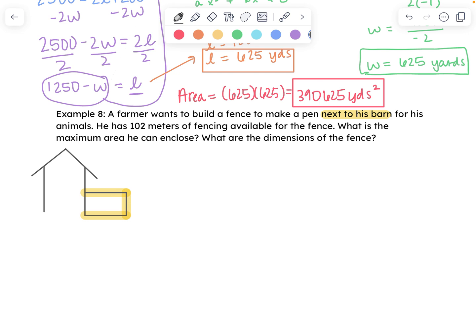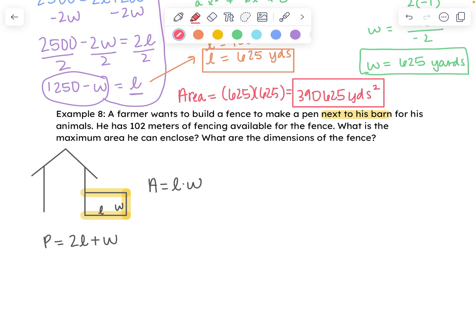So when I'm looking at my area and my perimeter, the area pretty much stays the same because area is still length times width. My perimeter now is 2L plus W, so it changes a little bit.